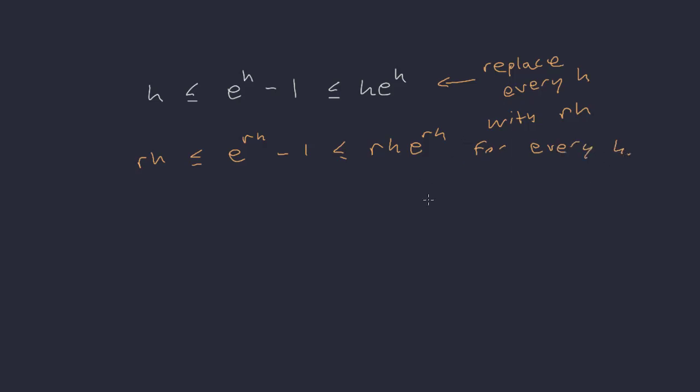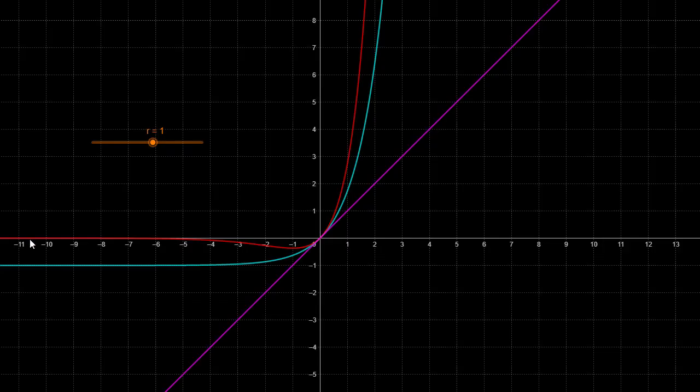Okay, and I can show you that on a graph. So here we are back to a graph. This in the blue is e to the rx. This in the red is rx times e to the rx.